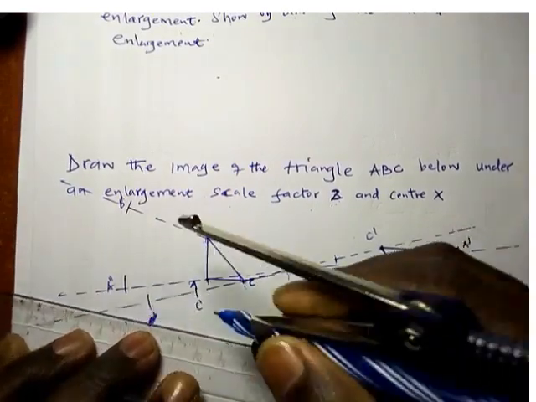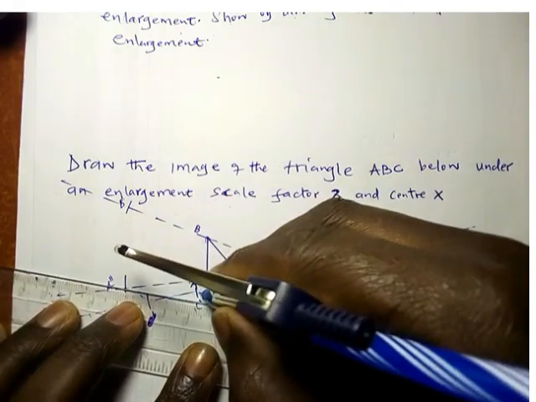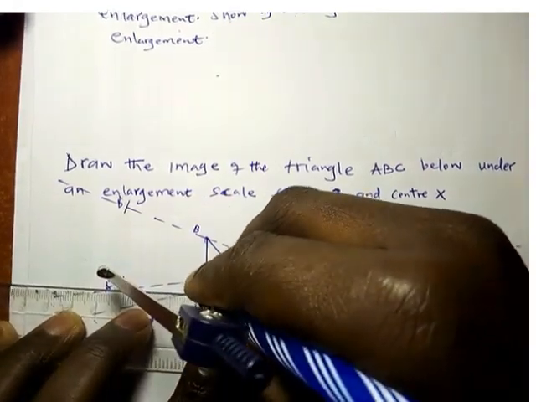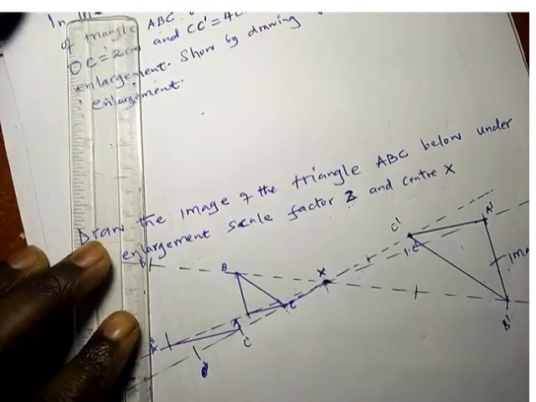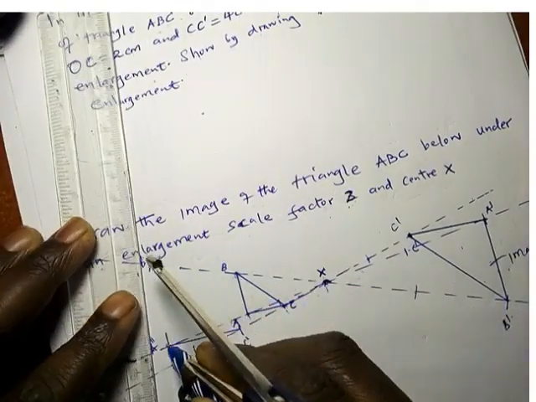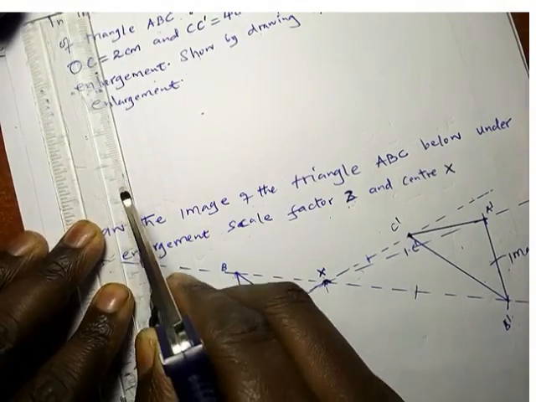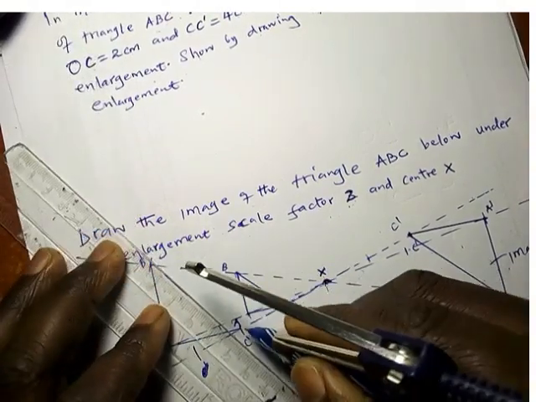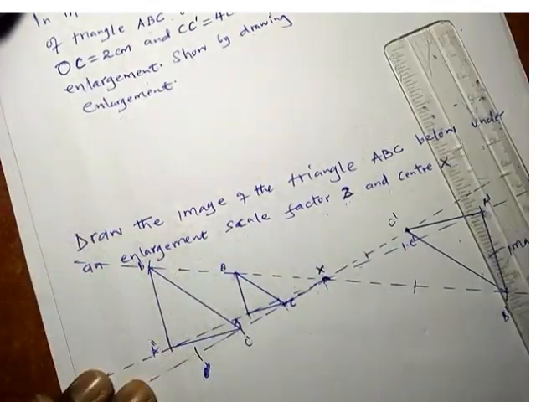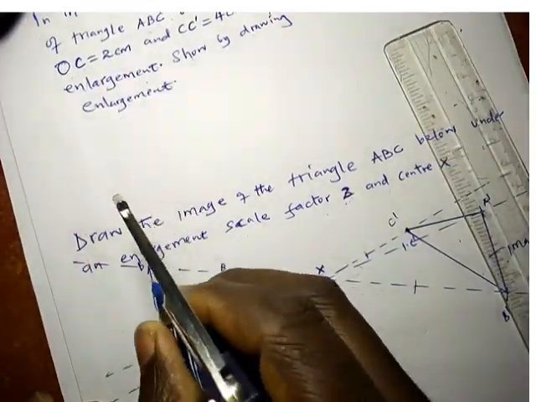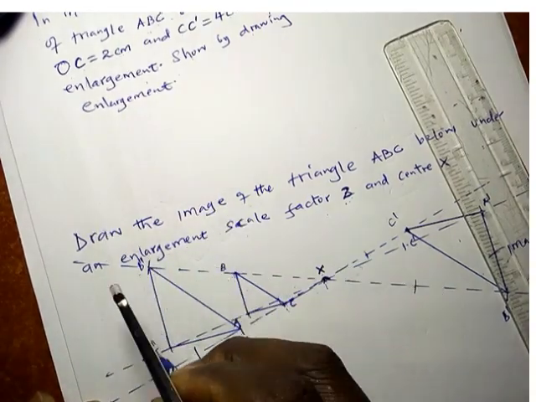Then join them. Now join C and A, join B. This is B prime, C prime, A prime.